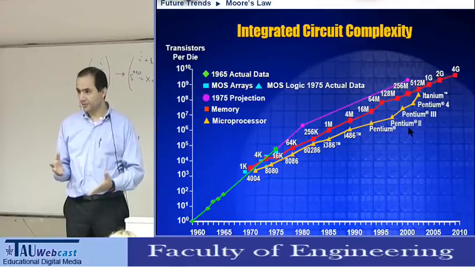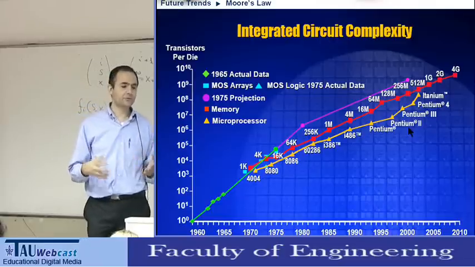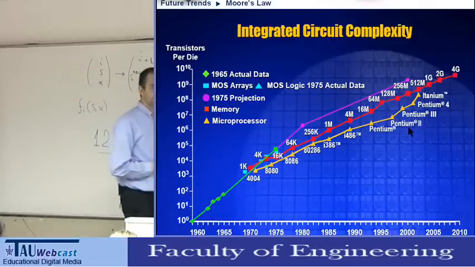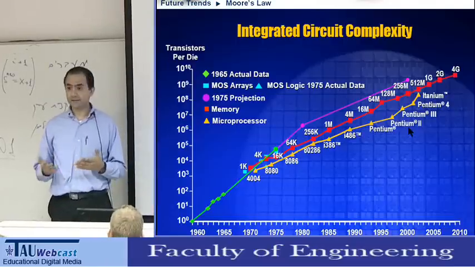So the demand is always there, but the demand doesn't let you double. What is the technology element that allows you to double the number of transistors? The advances we have in lithography, in the resolution.